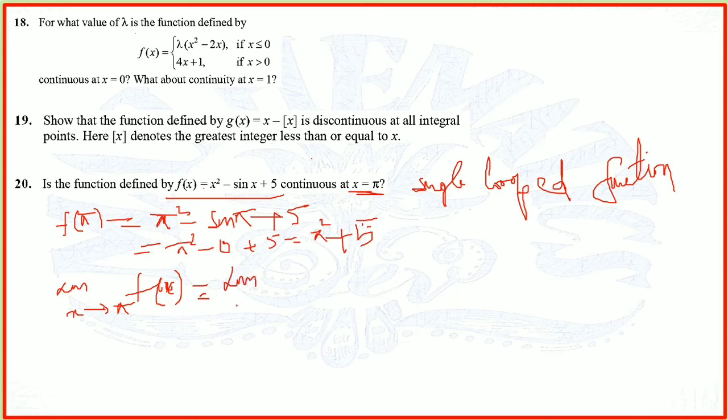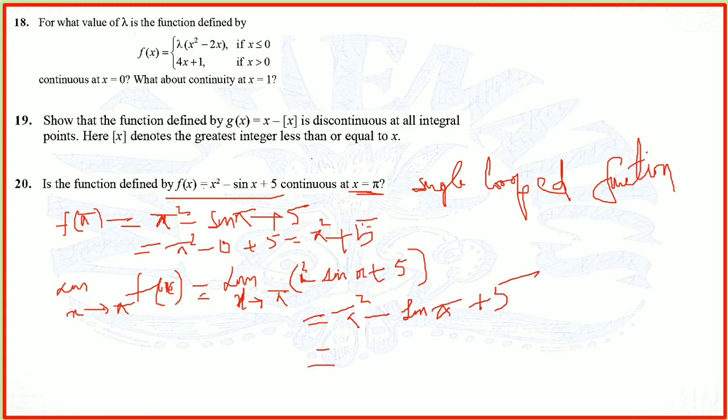So limit x tends to pi, function value is x square minus sine x plus 5, which is equal to pi square minus sine pi plus 5, which is equal to pi square plus 5.